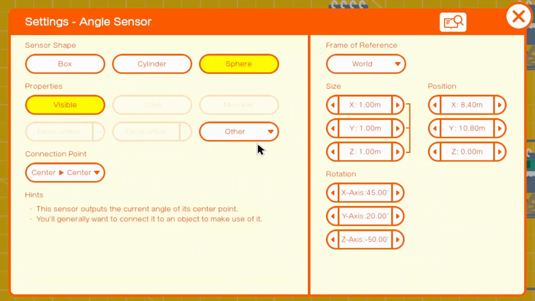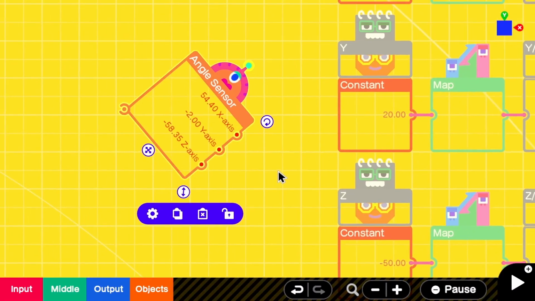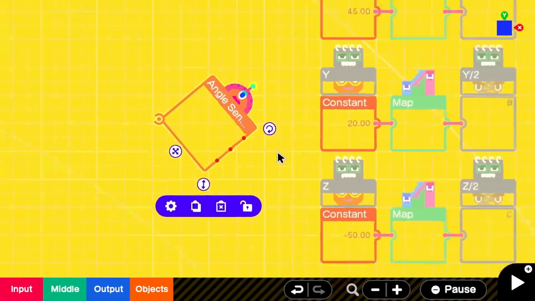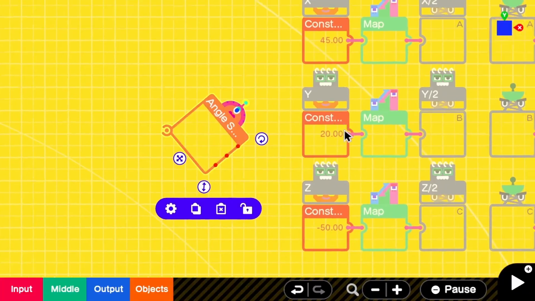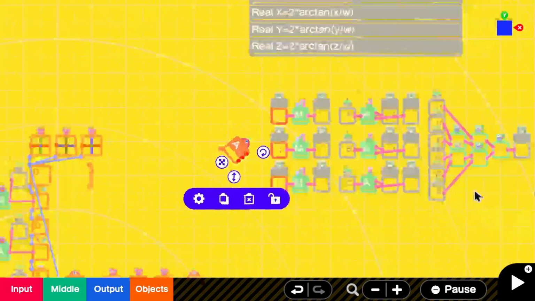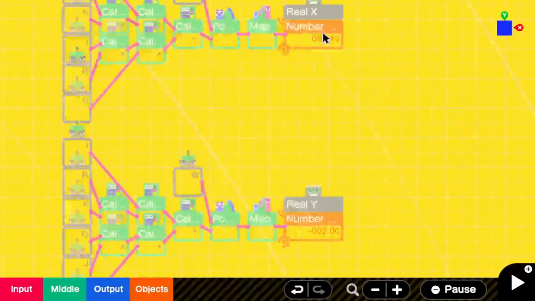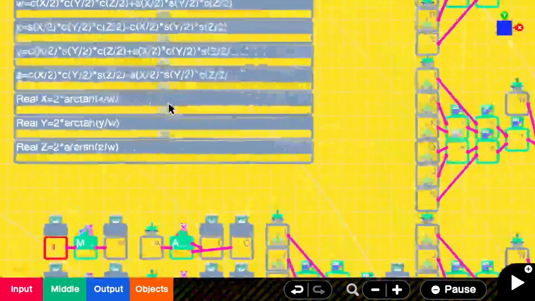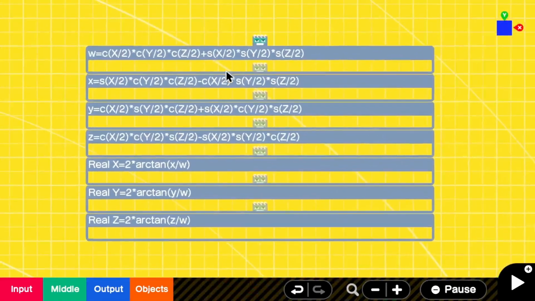Here I have an angle sensor set to 45, 20, and -50, and it outputs these three specific outputs. Now when I put the same inputs into my calculator here, you can see that it's able to calculate all three values accurately.